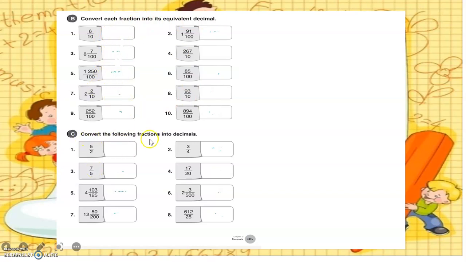And this is: convert the following fractions into decimals again. 5 over 2, to become 10 you multiply by 5. 5 times 5, so the answer is 2.5. Okay? So that is page 35.